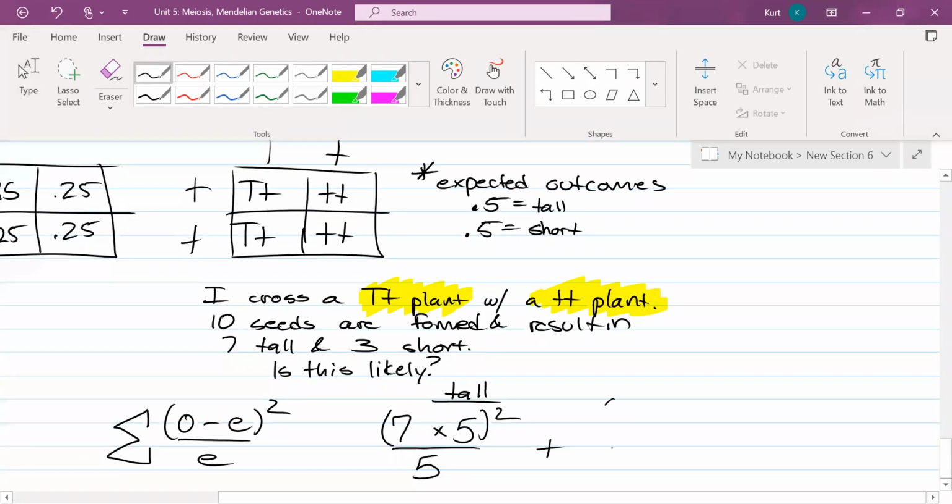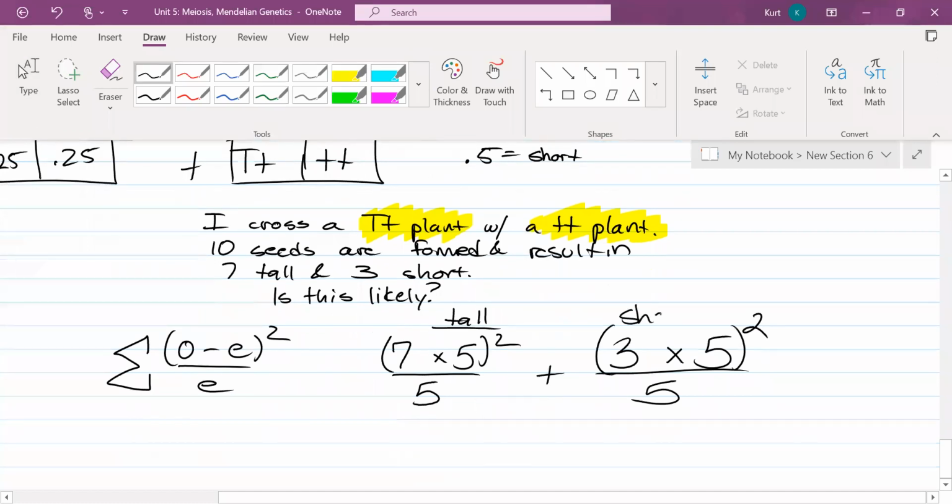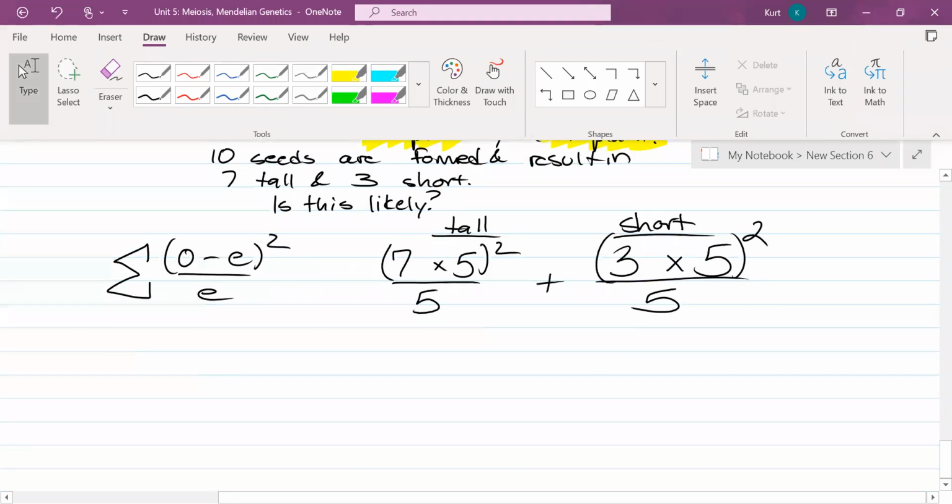Then you're going to add that with, what was the observed for short? What was the expected for short? Okay, you will have a calculator on your exam, so give me a moment while I figure this out. 7, why did I put times?